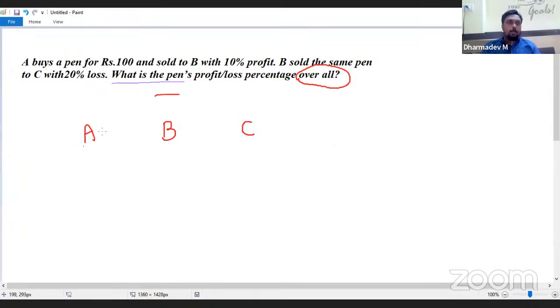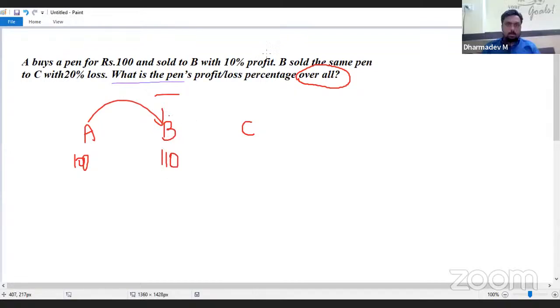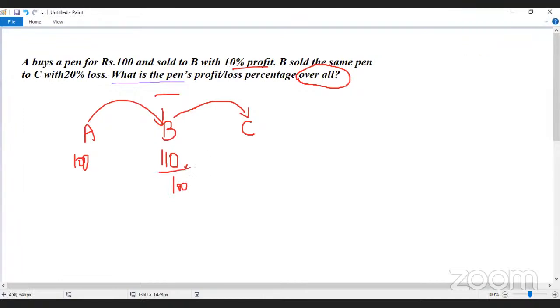Fine. So A buys it for 100 rupees and sells it to B with 10% profit. So his selling price is 110. B is selling it to C with 20% loss. So 20% means 110 divided by 100 into 20, so it is 22 rupees loss.